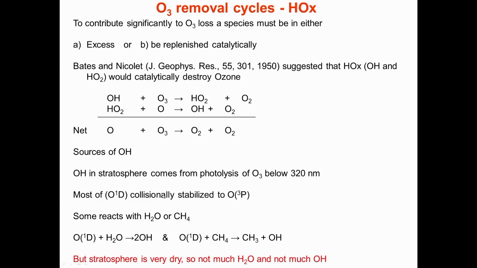If you remember from the gas kinetics lecture, the last but one lecture we had in the atmospheric chemistry part, the hot O(1D) is stabilised to the ground state oxygen atoms. Only the little fraction that's left is allowed to react with either water to produce OH, or it can react with methane to produce the methyl radical plus OH.